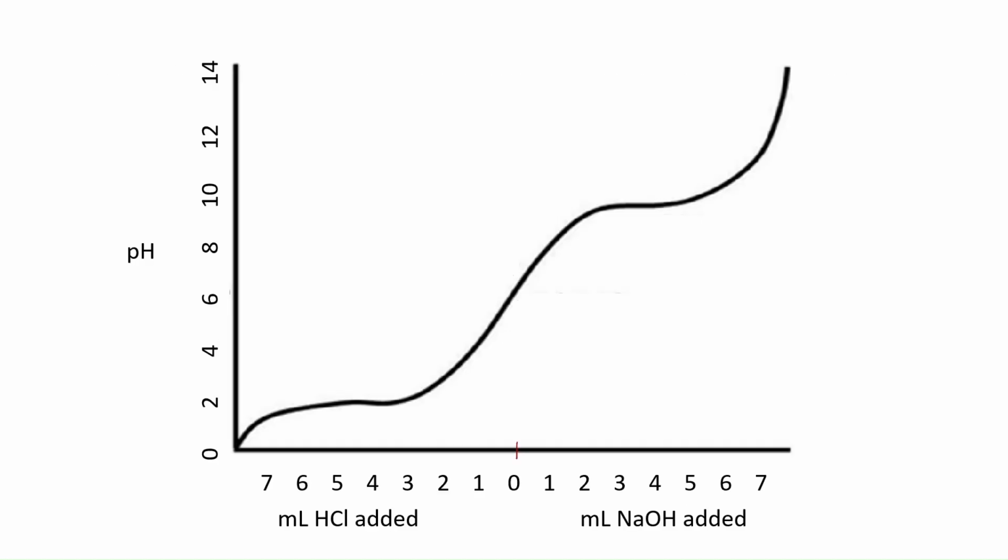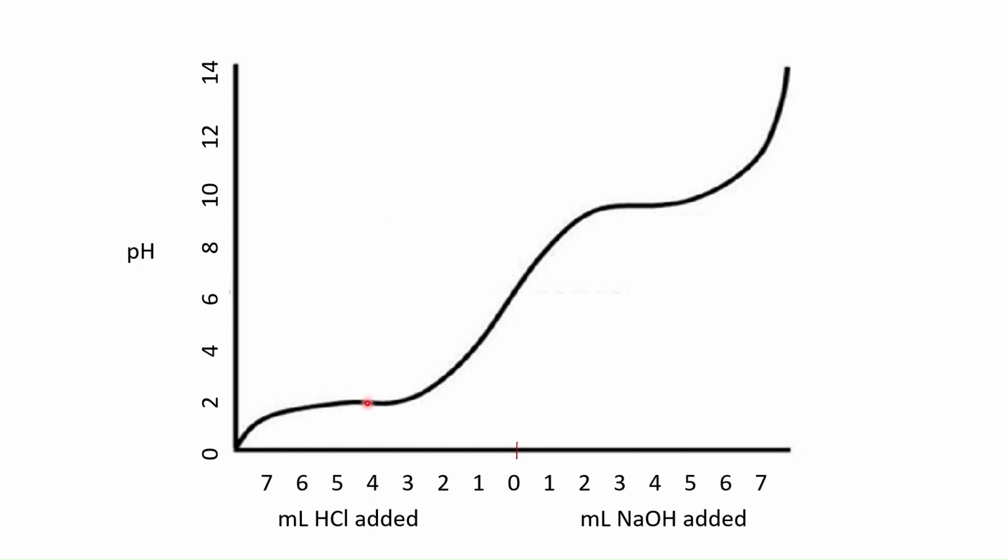Which brings us to this curve. You can see there are flat parts of this curve and there are steep parts of this curve. You can imagine when you're adding your titrant, you're moving down to the left or over to the right. And so if you're at this 0 point, you can see that the pH drops pretty dramatically with a small amount of change in the volume. So you might add a drop and see a big drop in pH.